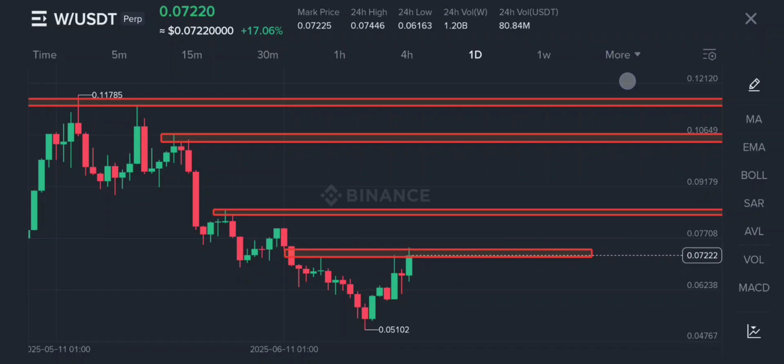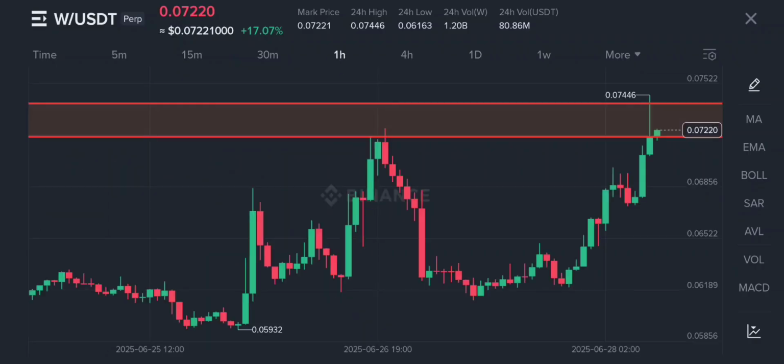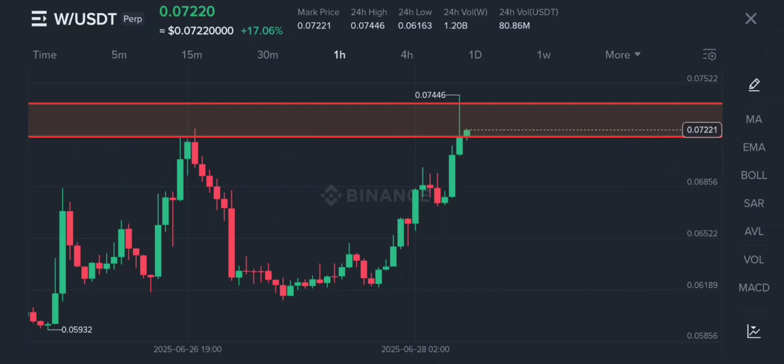So let's go to our 1 hour time frame. What do we have there? So on our 1 hour time frame, what we are seeing is this previous candle that printed. This candle that printed.